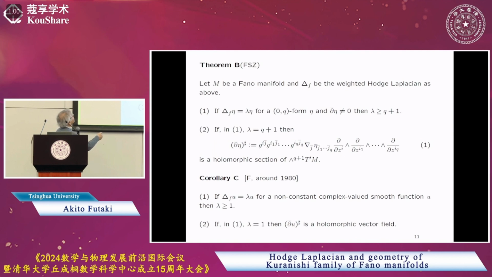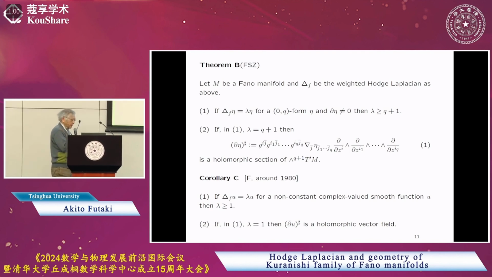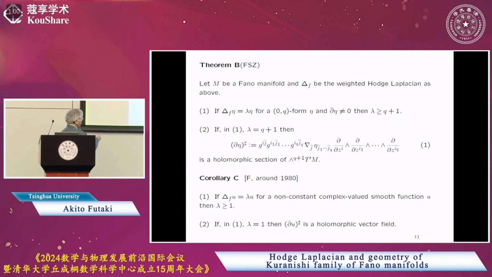When q equals 0, the case of functions, the weighted Laplacian has eigenvalue bigger than or equal to 1, and in the lambda equal to 1 case, the dual of the gradient one form, the dual of d-bar, is a holomorphic vector field, and this is very useful for later work for myself, but this is not what I want to apply.